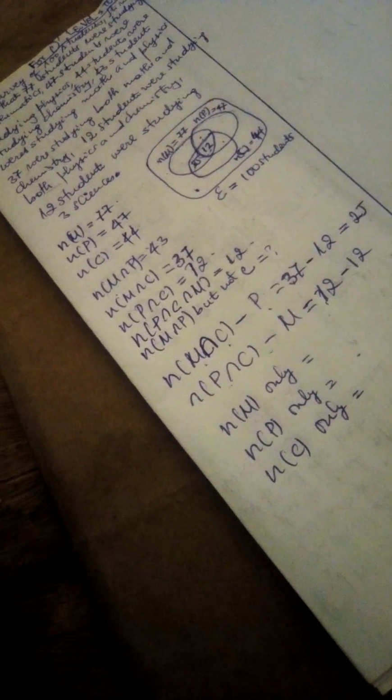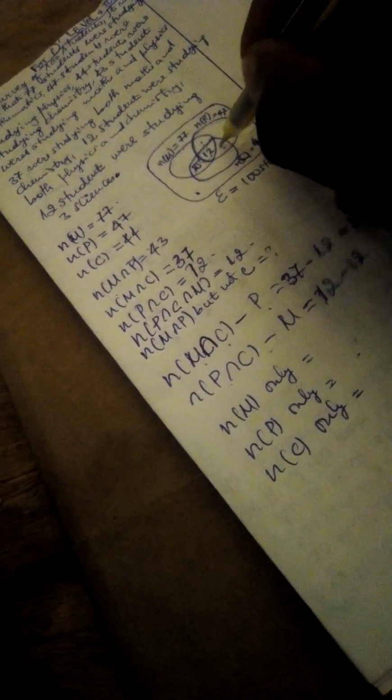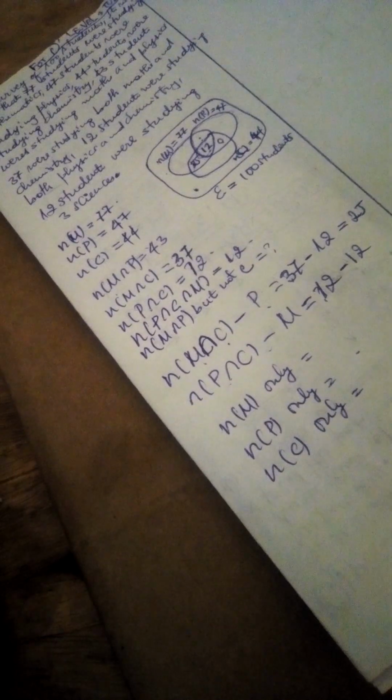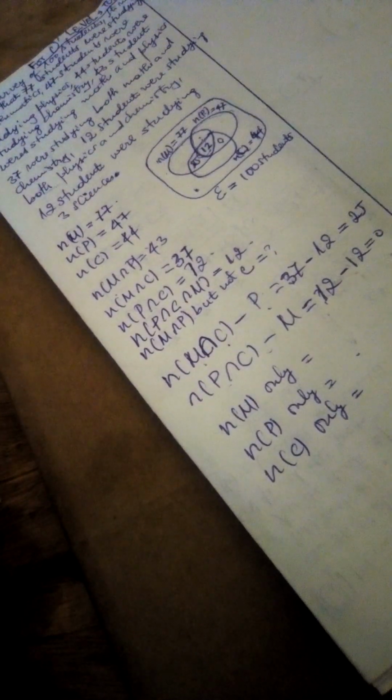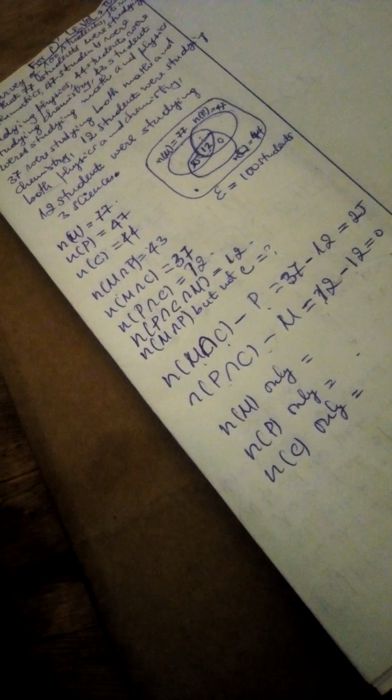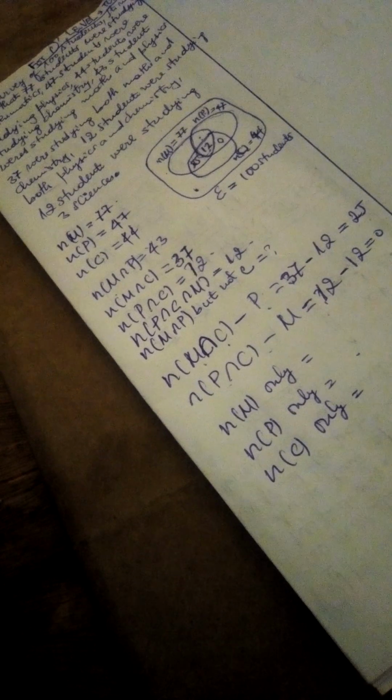So here we have 0, because 12 minus 12 is 0. It means there is no student who attends both chemistry and physics only, right?